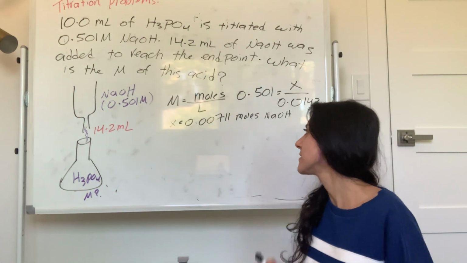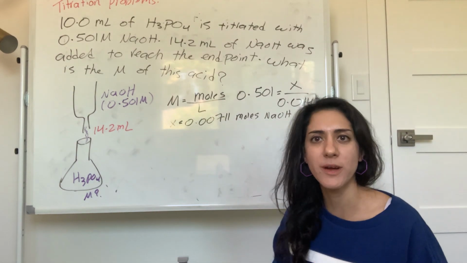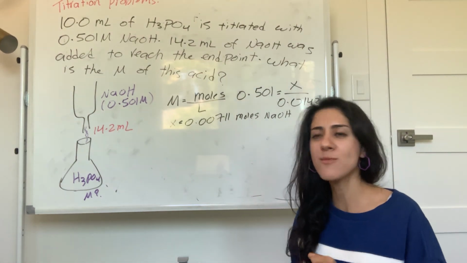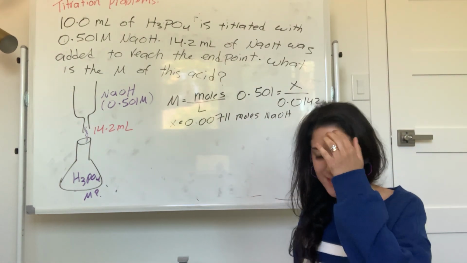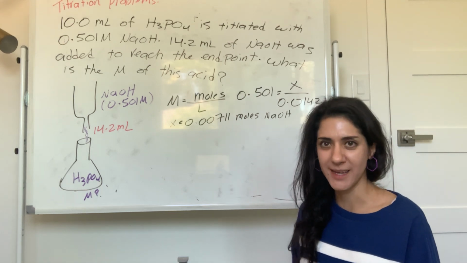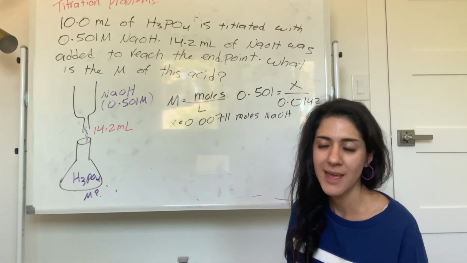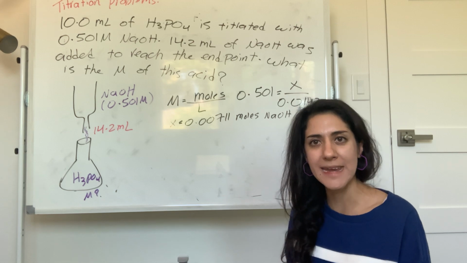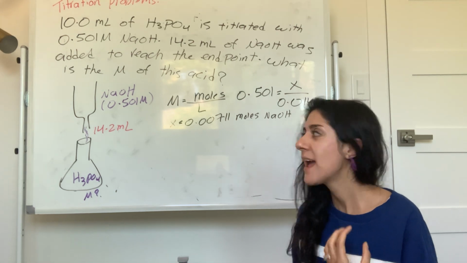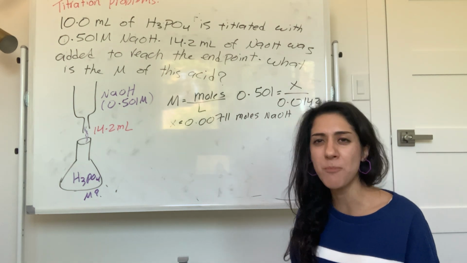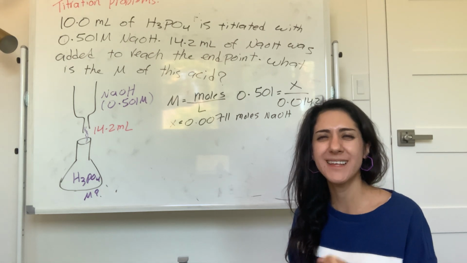I added 0.00711 moles of NaOH and it changed color. How many moles of phosphoric acid did I have? You're probably tempted to get the same number, and that would have been the right answer if phosphoric acid was a monoprotic acid, but it's not.